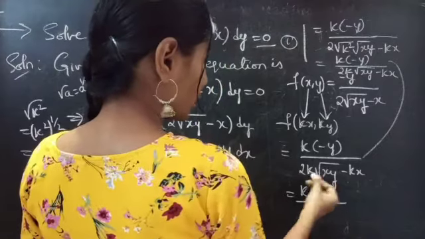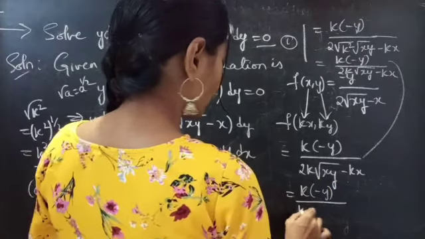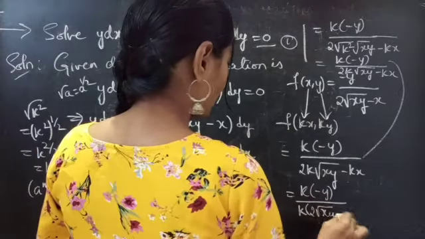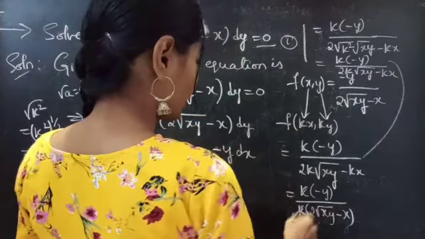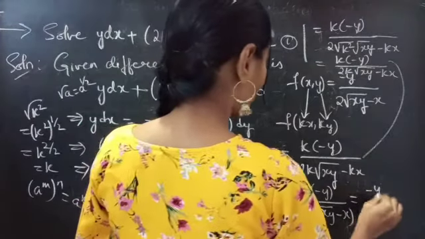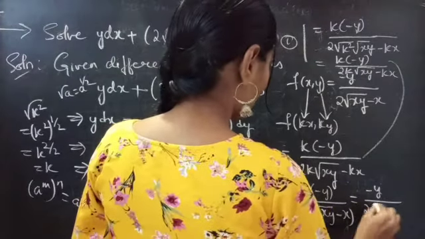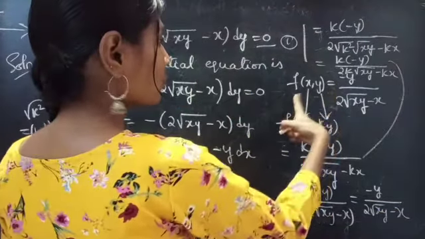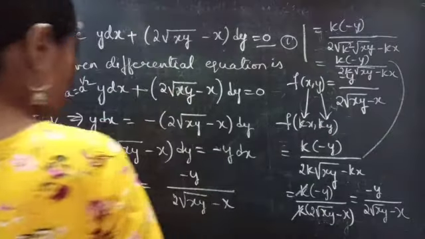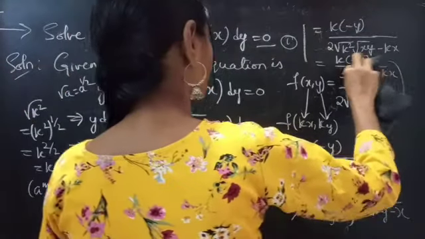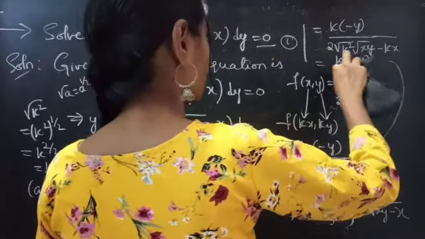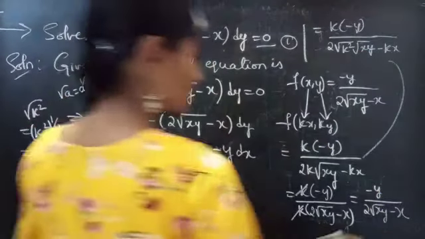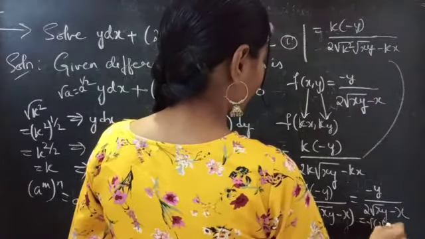Now you can take k common from the denominator. You'll get k times 2 into square root of xy minus x. K gets cancelled, which equals minus y by 2 into square root of xy minus x, which is f of xy.